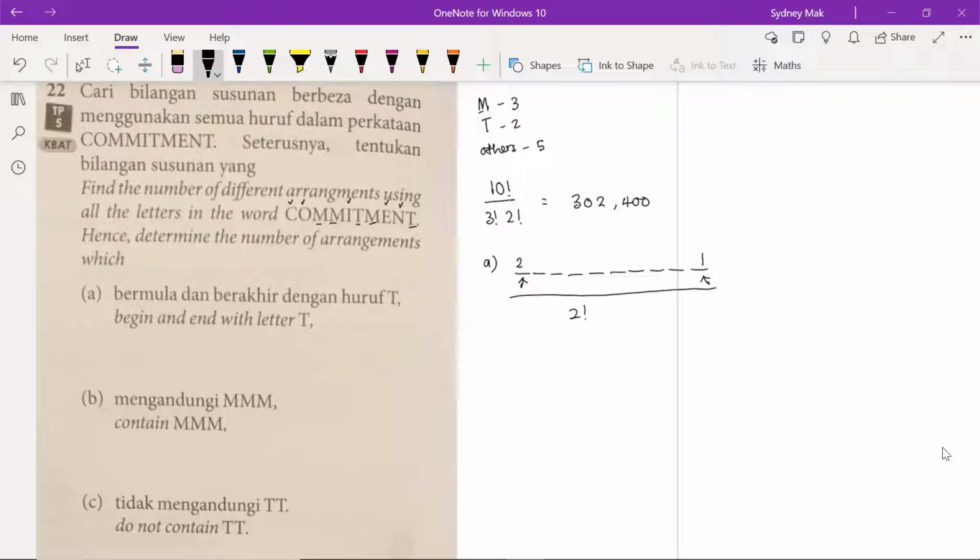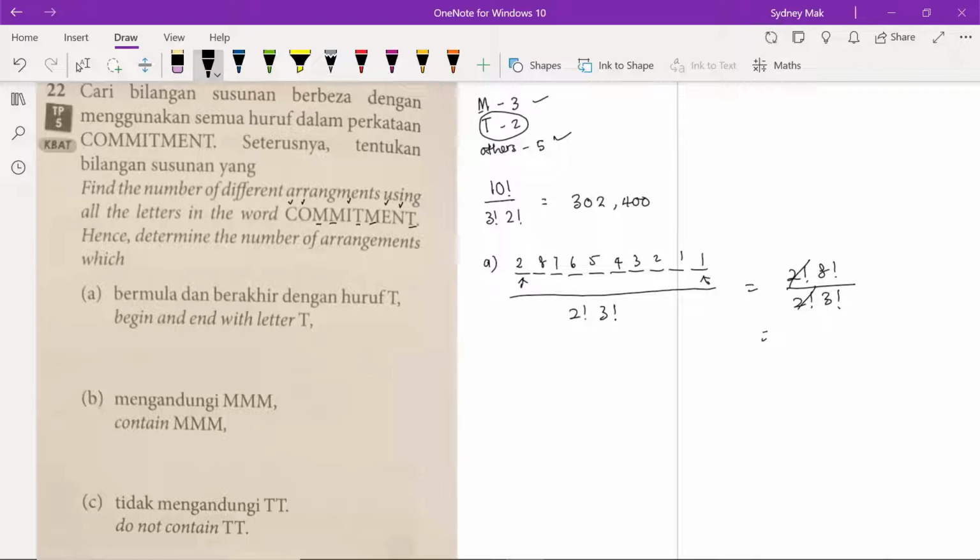So we will then be left with 8 letters. So we will have 8 factorial in between. So 8, because after we fill in 1, 8 choices, then 7, 6, 5, 4, 3, 2, 1. And not forgetting to divide by the identical M, 3 factorial. So with that, that will be 2 factorial, 8 factorial divided by 2 factorial and 3 factorial. Simplify this.